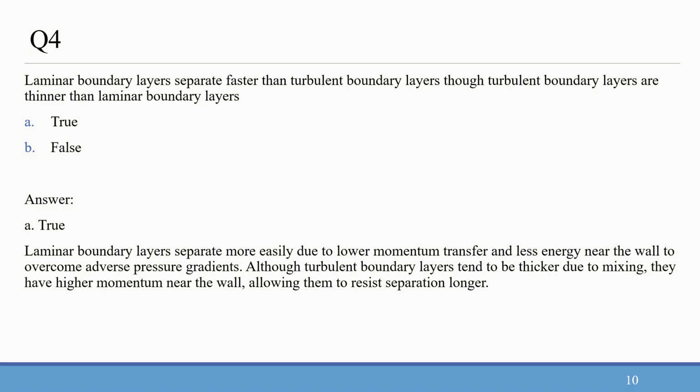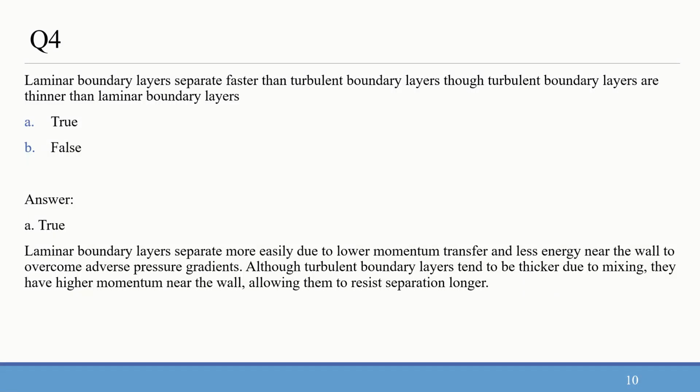When we compare the two, a laminar boundary layer consists of smooth parallel layers with low velocity near the surface, which makes low momentum, so the fluid separates from the surface more quickly when encountering the adverse pressure gradient.